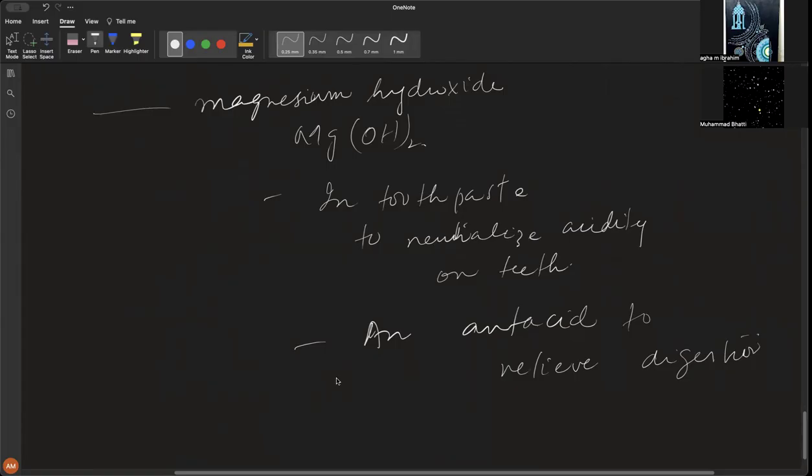It also helps reduce the acidity of the stomach. When the stomach becomes too acidic, we take medicines like domperidone, omeprazole, or esomeprazole. All of them have this magnesium hydroxide that neutralizes the acidity and relieves the indigestion.